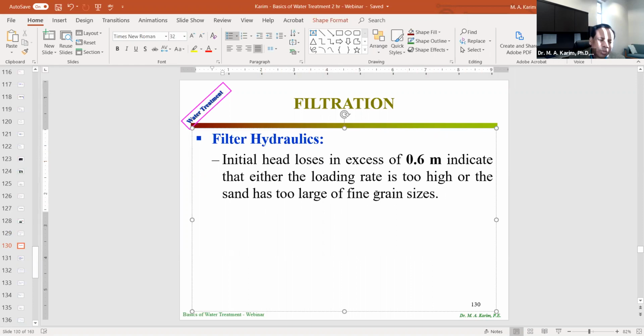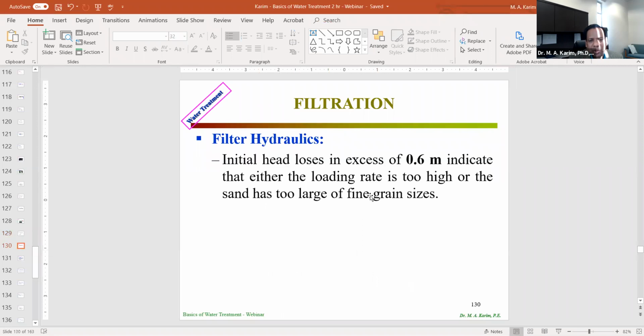And how can we calculate the 0.6? If the depth we provide, like say, our design depth is 6 feet on top of the filter unit, then after some time we see, calculation shows that we have an excess delta H, or whatever we can call it, HL is 0.6 meter. That means almost 1.5 feet, right? 1.5 feet would be stagnant.